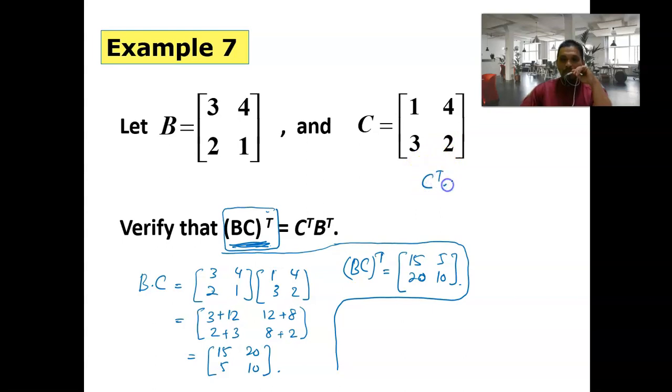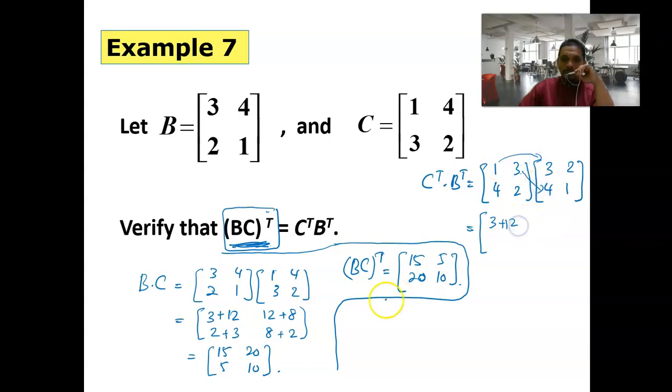Then C transpose multiplied with B transpose. Yes, (BC) transpose equals C transpose B transpose. So C transpose is 1, 4, 3, 2, and B transpose is 3, 4, 2, 1. Now 1 multiplied with 3 equal to 3 plus 3 times 4 equal to 12.